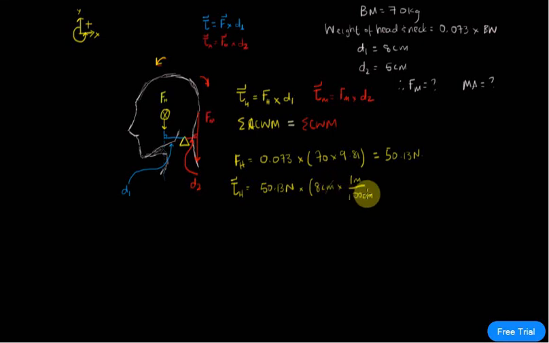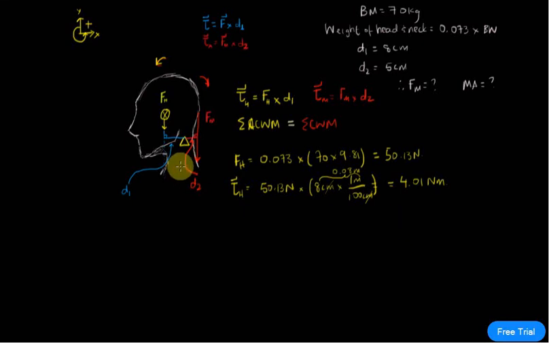That means the centimeters cancel, and I'm left with 8 divided by 100, which is 0.08 meters. So 50.13 times 0.08 is going to give me 4.01 newton meters.